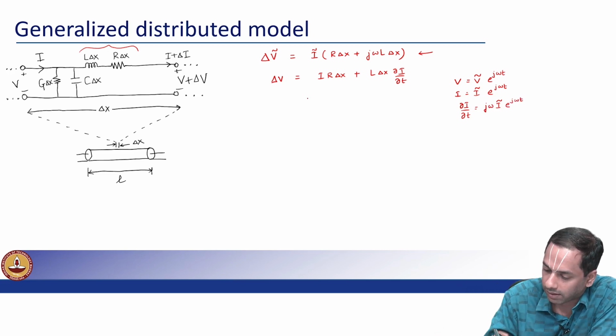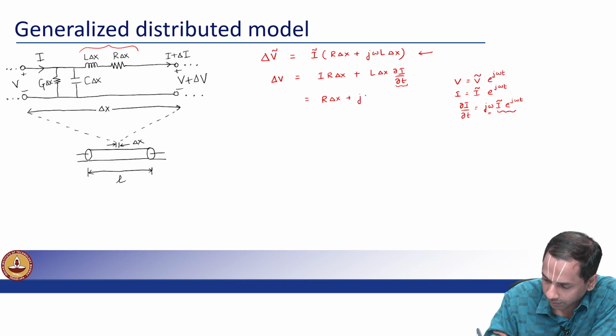right, and you can say that r delta x can be removed. I is I tilde e to the j omega t. Dou I by dou t is also proportional to I tilde e to the j omega t with a proportionality constant of j omega.